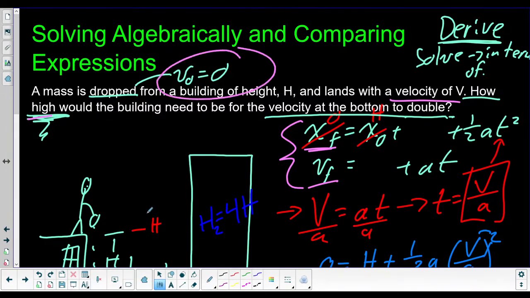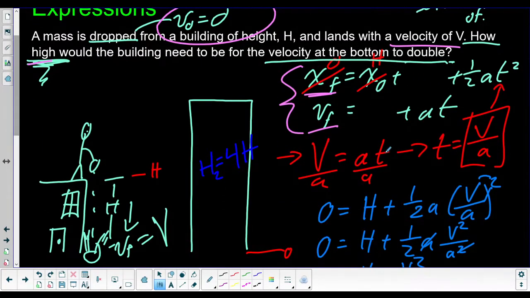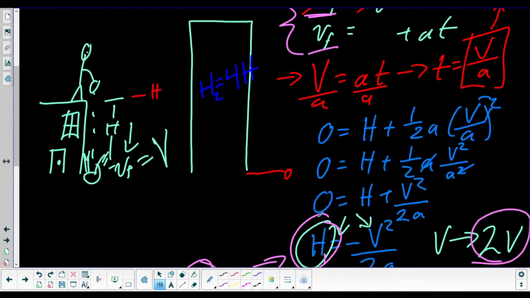We found some variables and plugged them in to simplify our equations. The v naught here goes away. The v naught t here goes away. Then we said we want to solve for the thing we're interested in, the height, so that it's equal to the other variable in some way.